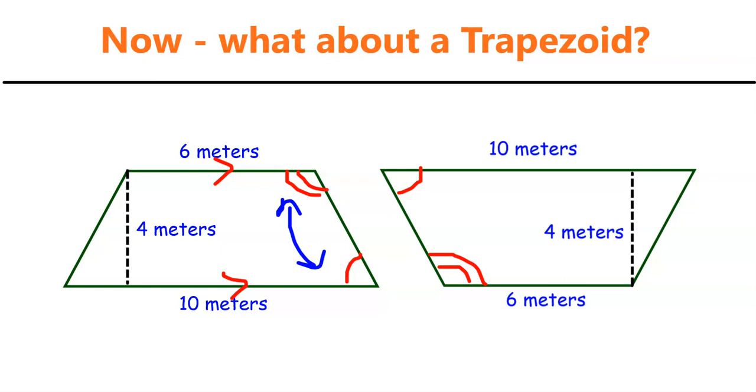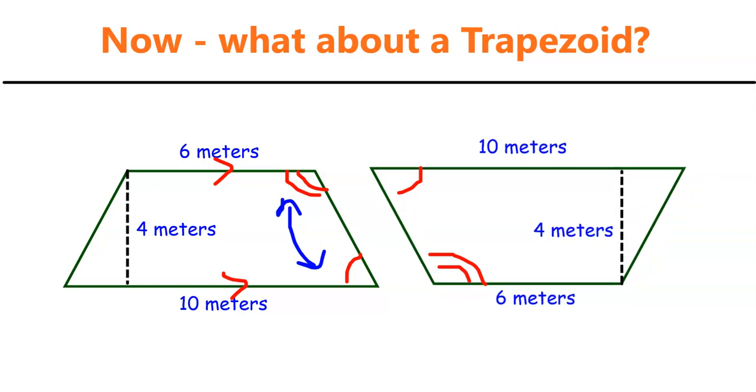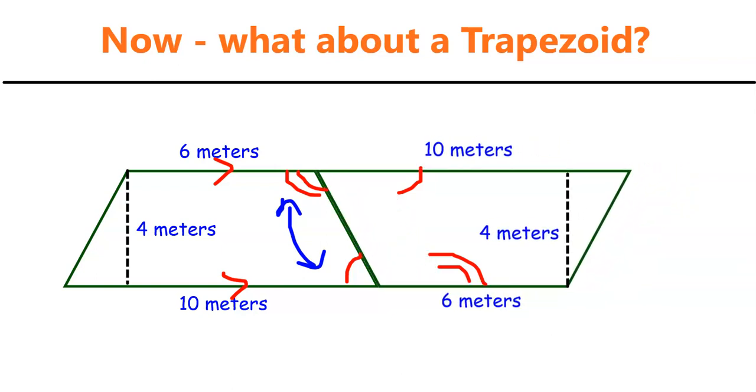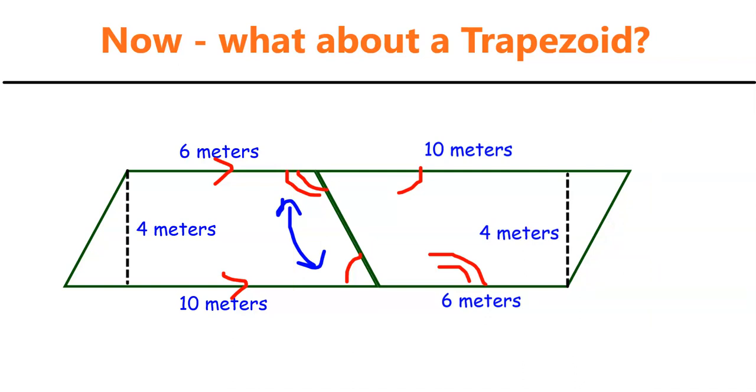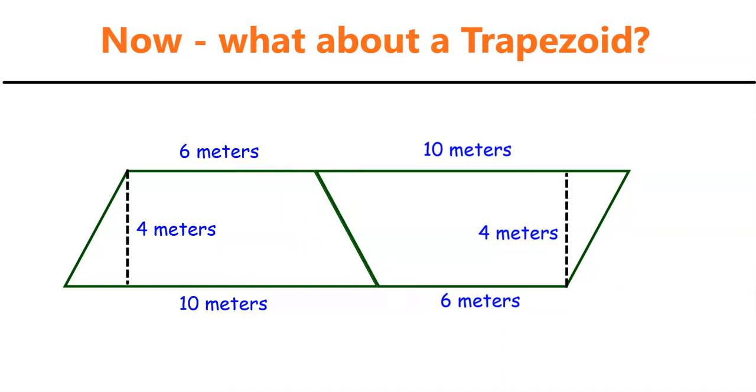That means we can push the two trapezoids together in a way that, because we know that those angles are supplementary because those lines are parallel, it actually extends those parallel lines into a large parallelogram like the one that we see here.